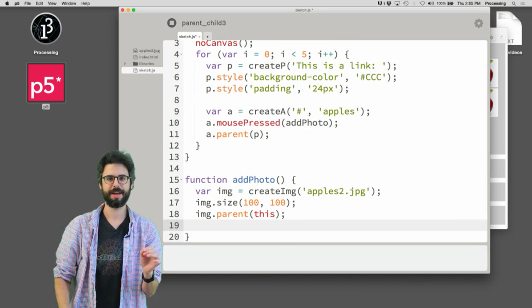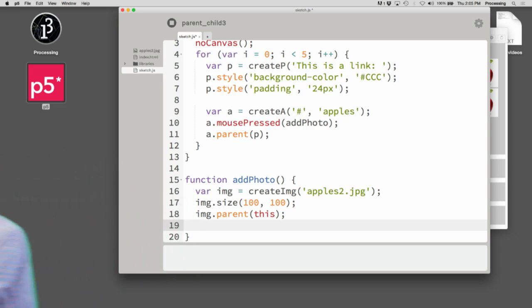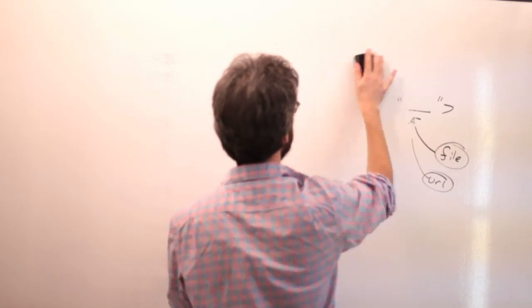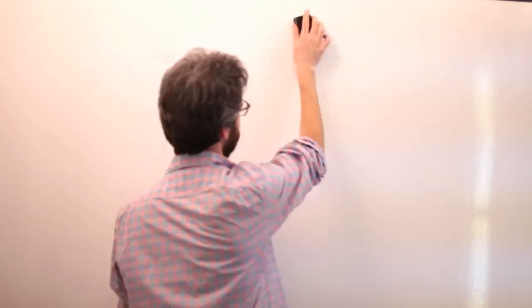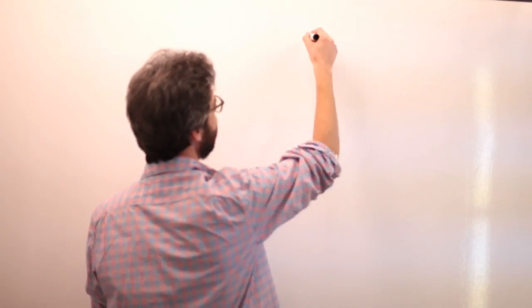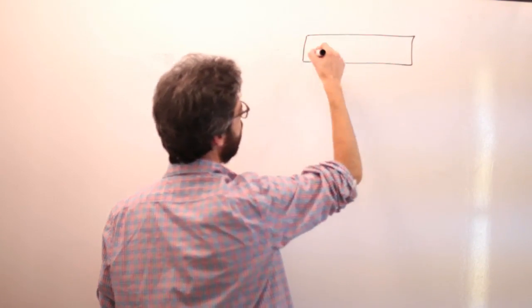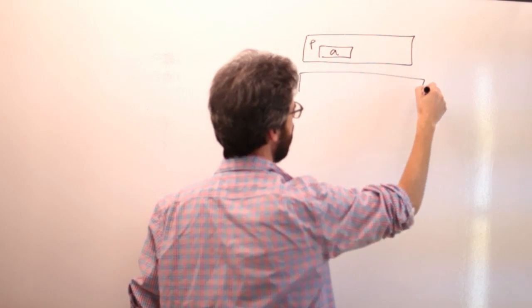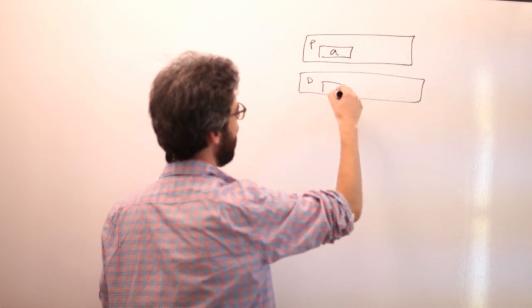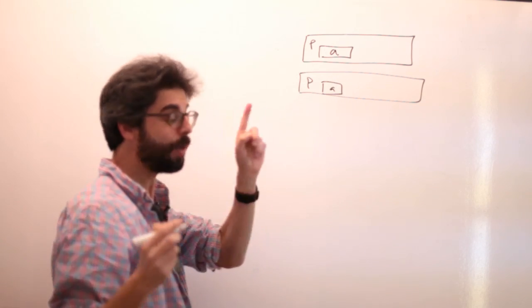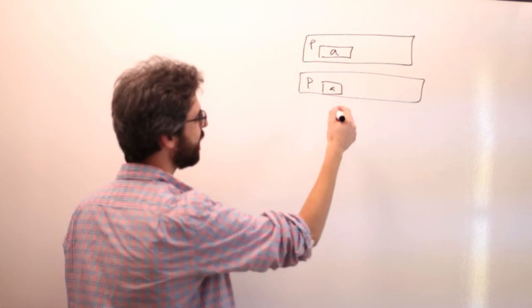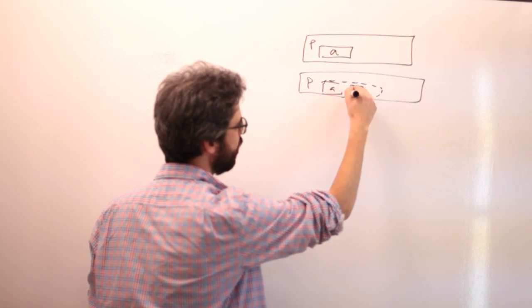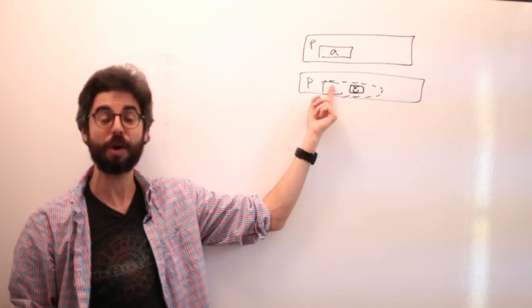Okay, let's make a diagram. So over here, let's think about what's actually on the page. I have paragraph, which has inside it an anchor, followed by another paragraph, which has inside it an anchor. So what I previously just did is I took that image, the image of the apple, and inserted it as part of the anchor.